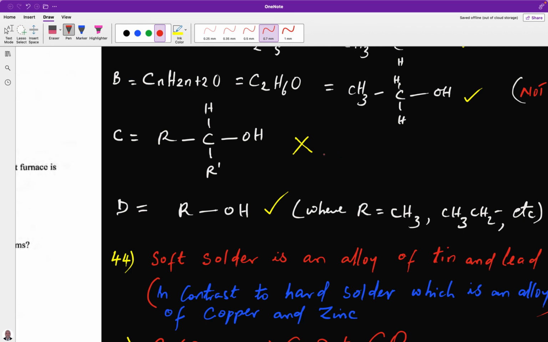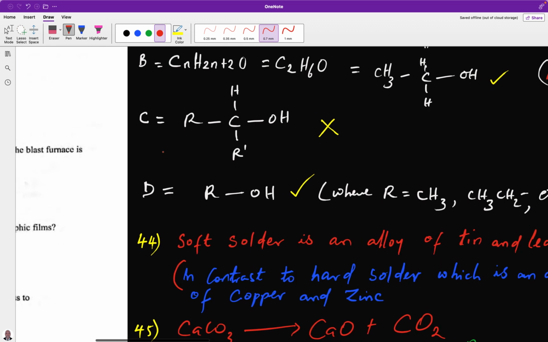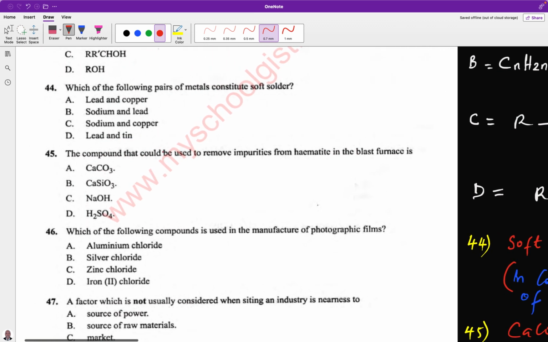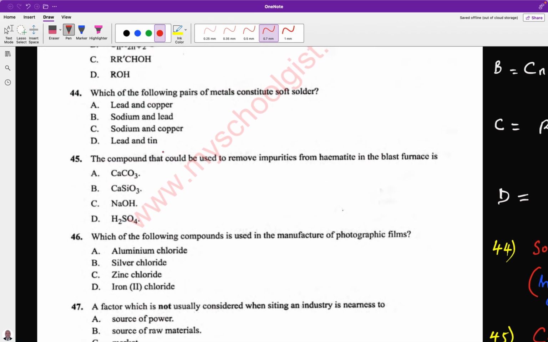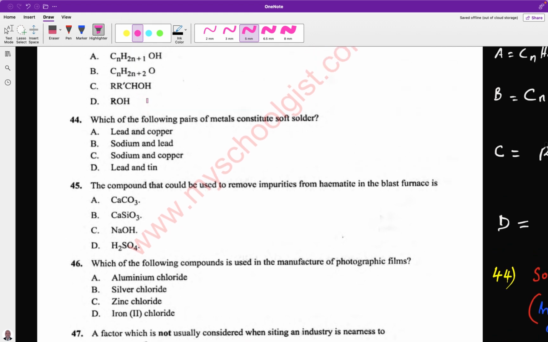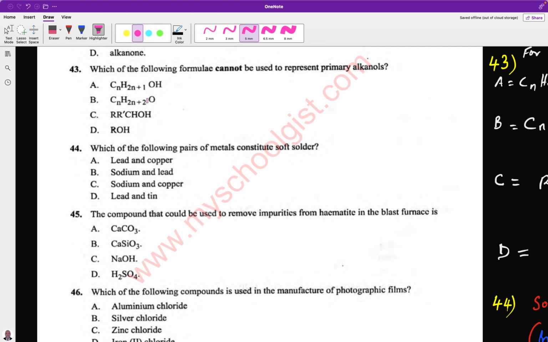So the only one that cannot be represented as a primary alkanol or a primary alcohol is C. And that's why we say C is the right answer. Our answer for 43 is C.